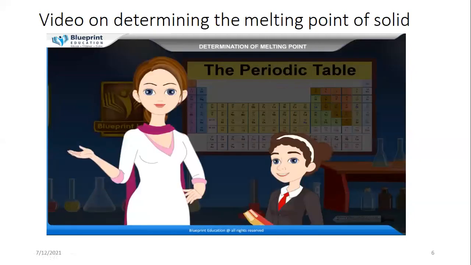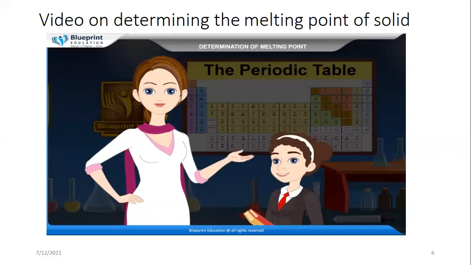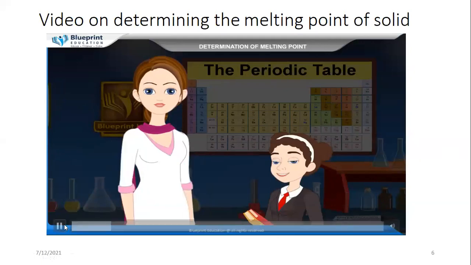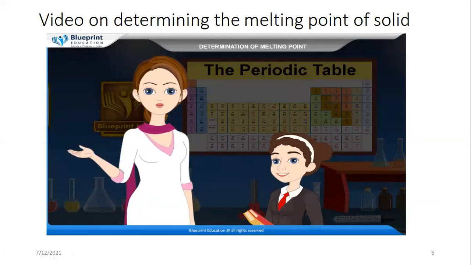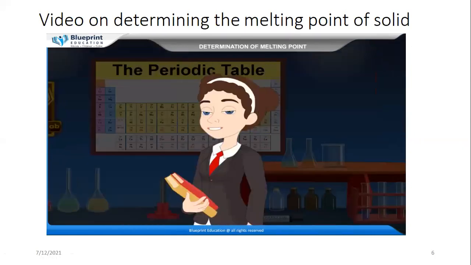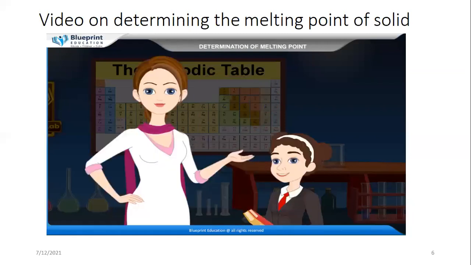No, it does not. A pure substance has a sharp melting point and it melts at a definite temperature, whereas an impure substance has a lower melting point. It means determination of melting point is a convenient method to check the purity of the solid substance. How can we determine the melting point? Let us do an experiment to determine the melting point so that you can understand it easily.